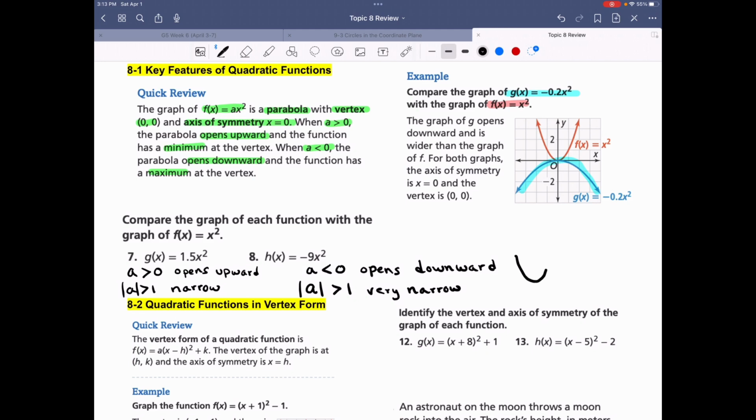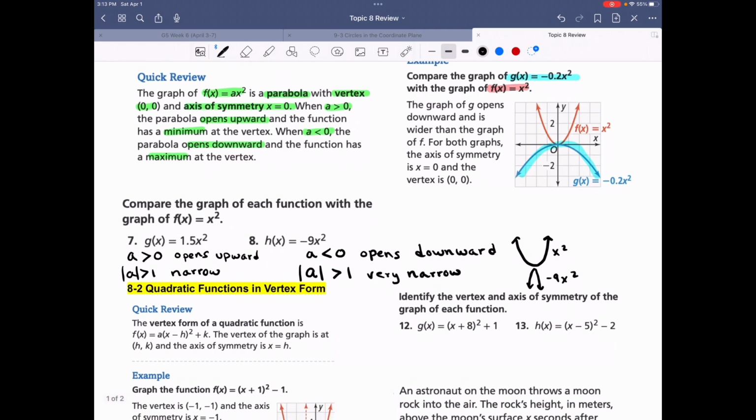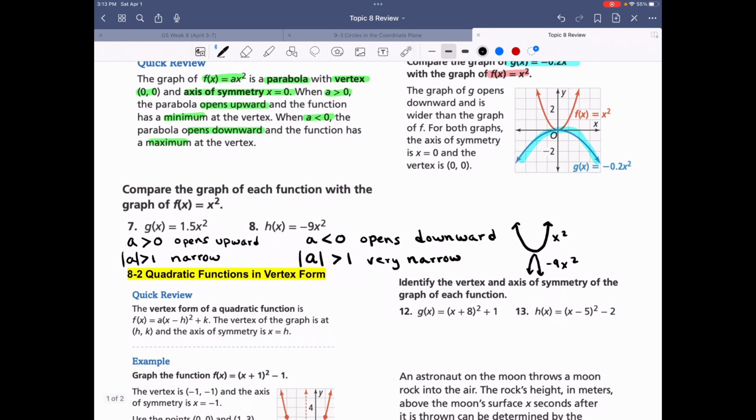So like if this is the parent function, x squared, then negative 9x squared would be very narrow, like this. And then the 1.5x squared would just kind of be a little bit more narrow.